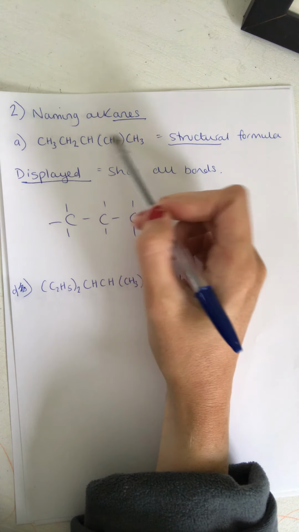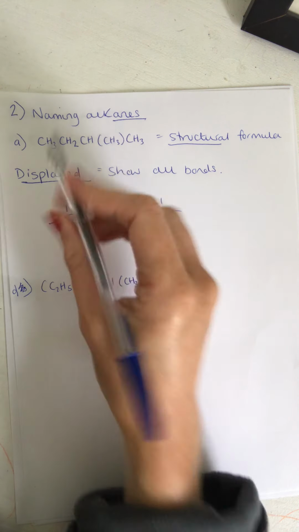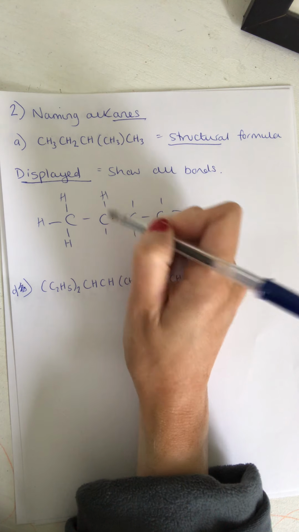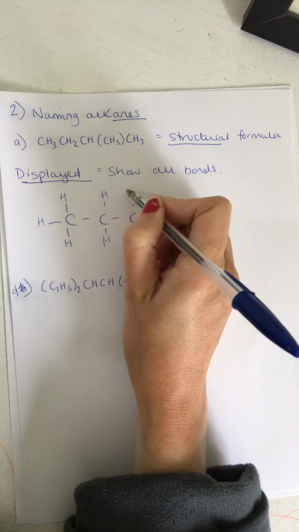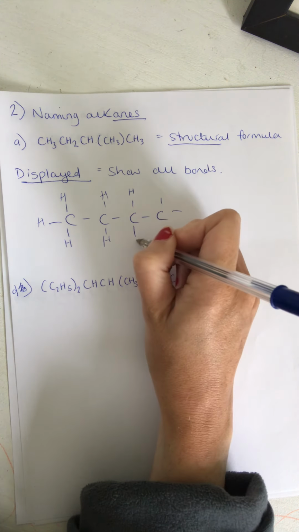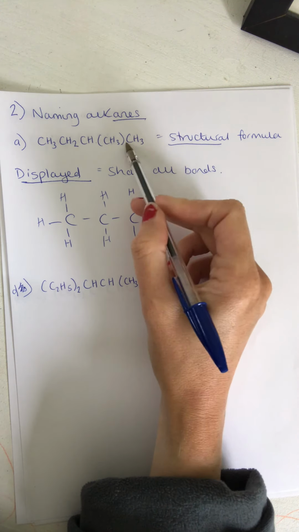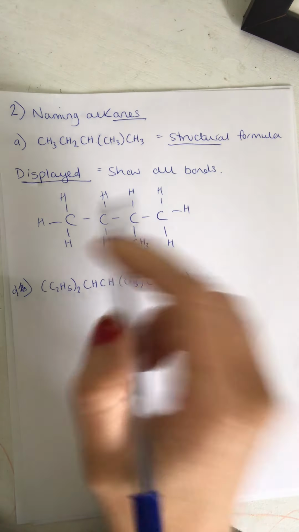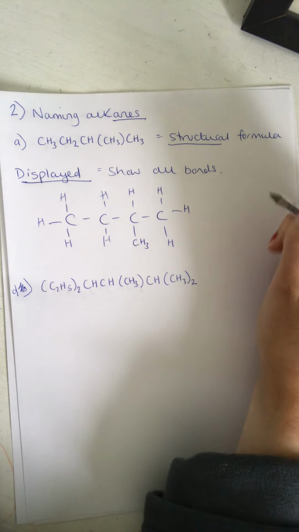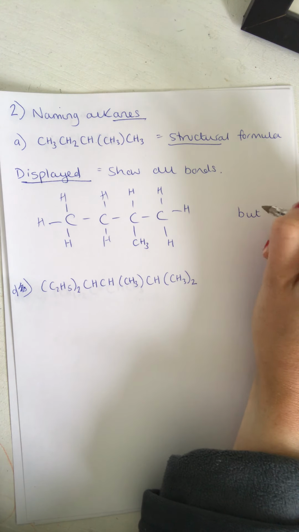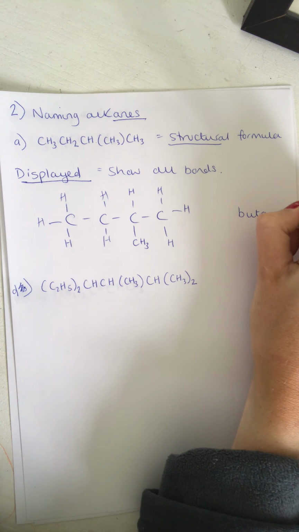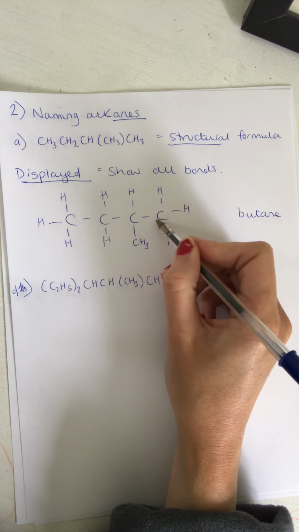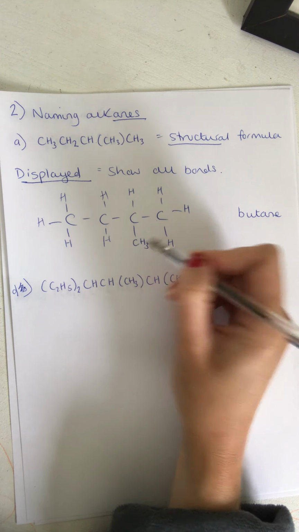I'm going to have a look at each of the carbons, and this one's got 1, 2, 3 hydrogens, this one's got 2, this one has got 1 and a methyl group, and then this one's got 3. So when we come to name it, 1, 2, 3, 4, it's going to be but-, there's no double bonds, so it's going to be -ane, and on the second carbon, we've got a methyl group.